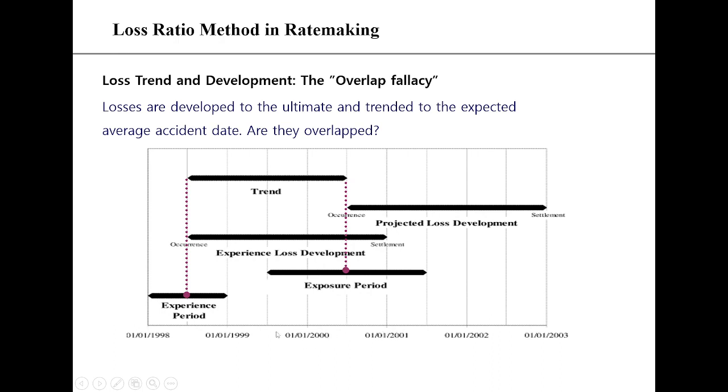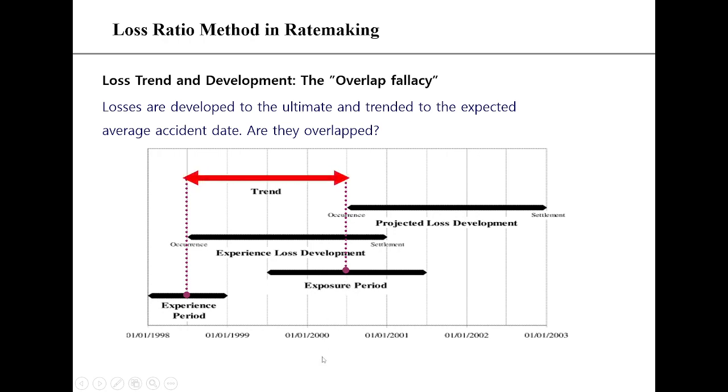So when you talk about the future claims that will occur, they are going to occur during the contract's 1 year, so it's going to expand through 2 years. So we just take the midpoint, and that's the exposure period midpoint.